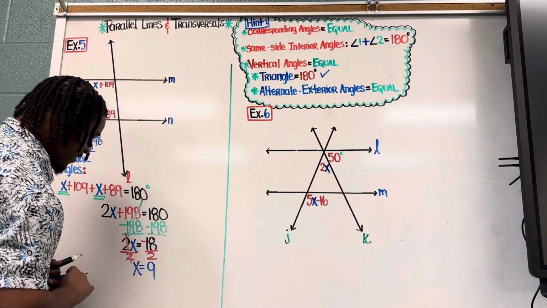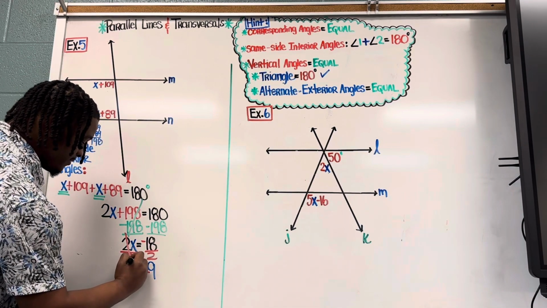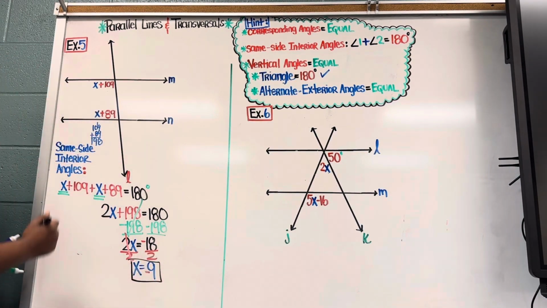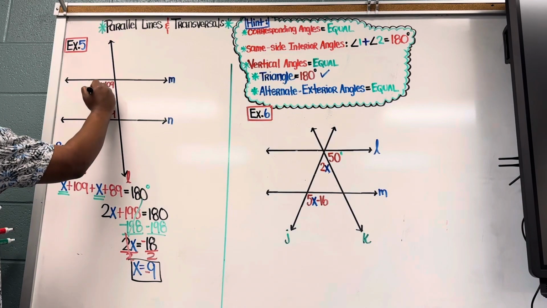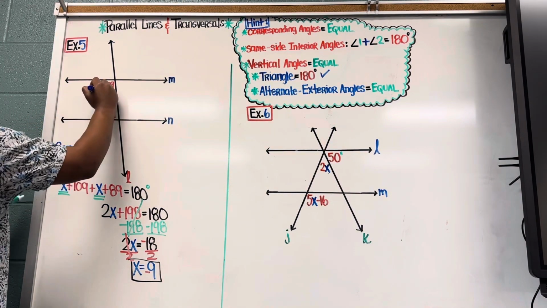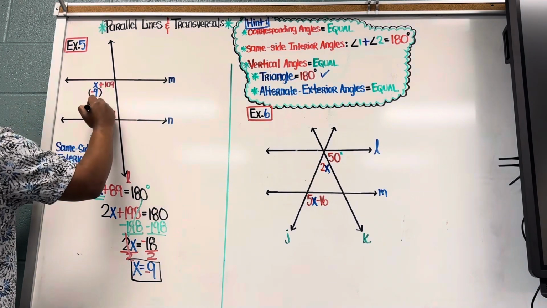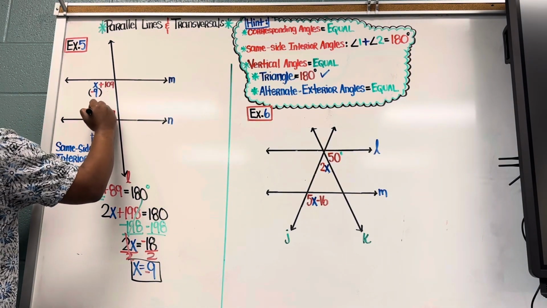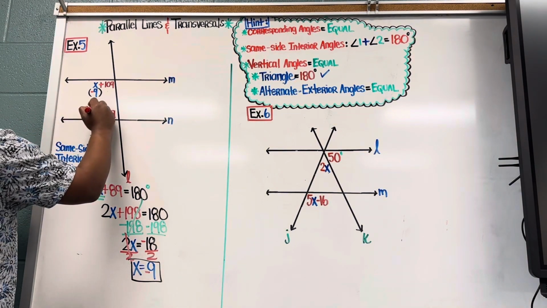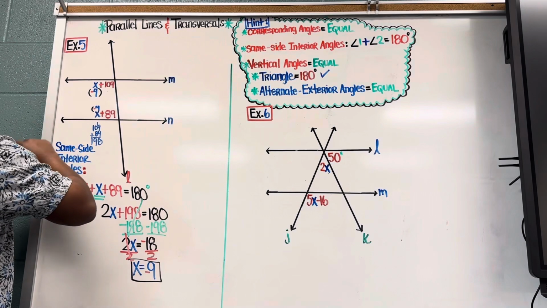So x has a value of negative 9, meaning that we can plug in negative 9 as x. So I'm going to do that. So x is negative 9 right there. Okay, and then right here, x is negative 9. I'm just putting negative 9 on top of x so you can see it.